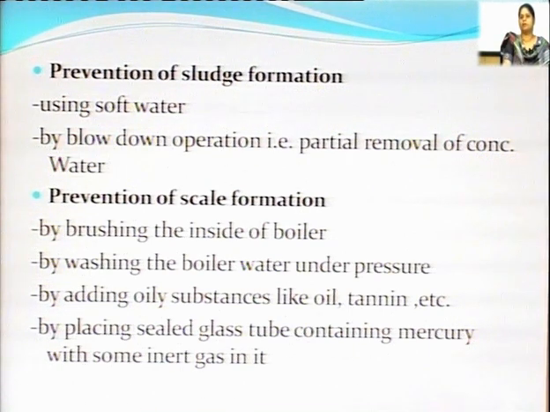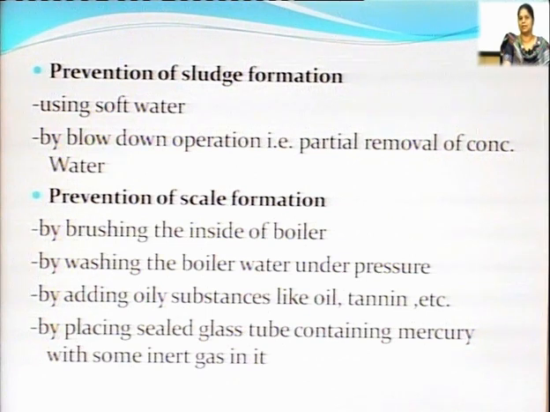Scale formation can be prevented by brushing the inside of the boiler, by washing the boiler water under pressure, and by adding oily substances. What these oily substances do, for example oil or tannin, is form a sticky layer onto the particles of the sludge and does not help its deposition.